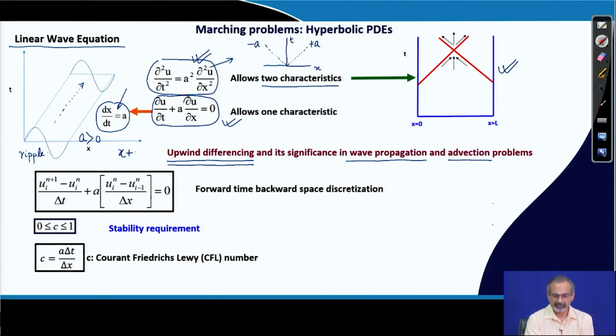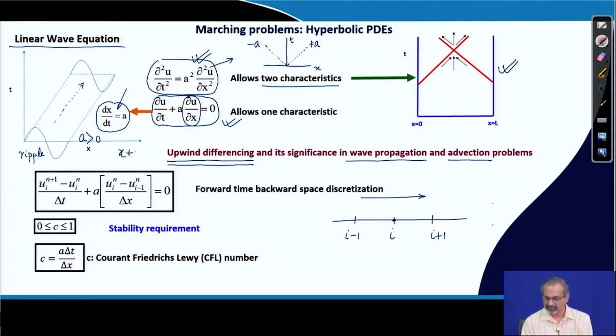So, the spatial derivative that you have in the first order form of the linear advection equation is del u del x. If you want to discretize it appropriately, you have to see spatially how the grid points are located and in which direction the wave propagation is happening. So, we mark the wave propagation direction.